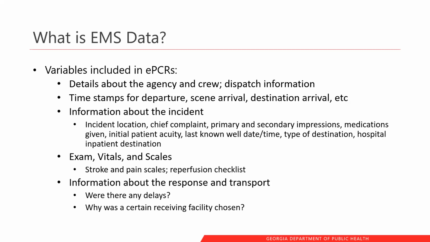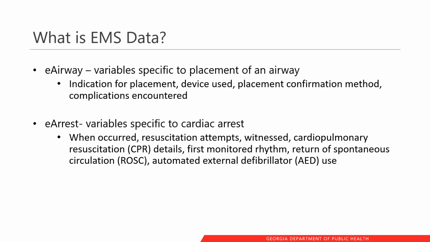Was it the closest facility available? Was it a regional specialty center? So a burn center, trauma center, stroke center. So all in all, we have a lot of things we can look at when it comes to data that's in the record. And next, I'm going to go into specific subsets that are available in the data.